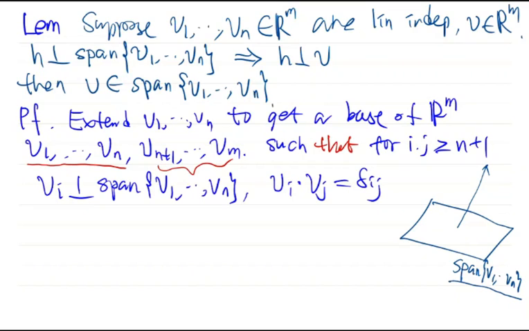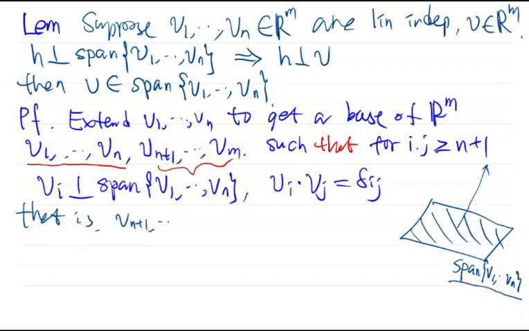The Vn+1, Vn+2, ..., Vm are chosen from the orthogonal complement of this subspace. Then we can choose Vn+1, ..., Vm to be the orthogonal basis for the orthogonal complement of our given subspace.